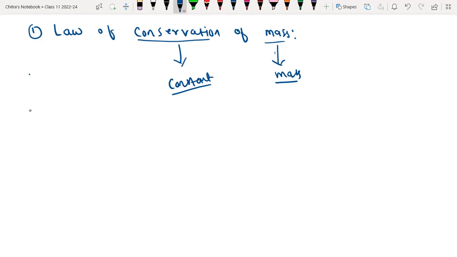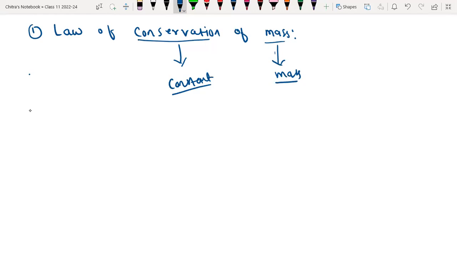In any chemical reaction, the mass of the reactants and products is conserved. Or we can say mass is neither gained nor lost during the chemical reaction, hence the mass is conserved. So the total mass of reactants is always equal to the total mass of products.